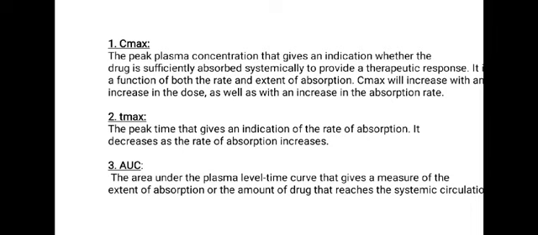Then the second parameter is Tmax, the peak time that gives an indication of the rate of absorption. It decreases as the rate of absorption increases. Then the third parameter is AUC, the area under the plasma level time curve, that gives a measure of the extent of absorption or the amount of drug that reaches the systemic circulation.